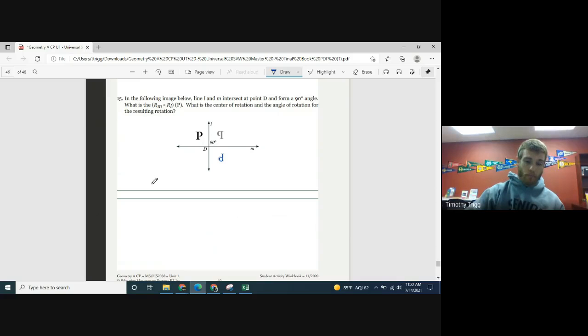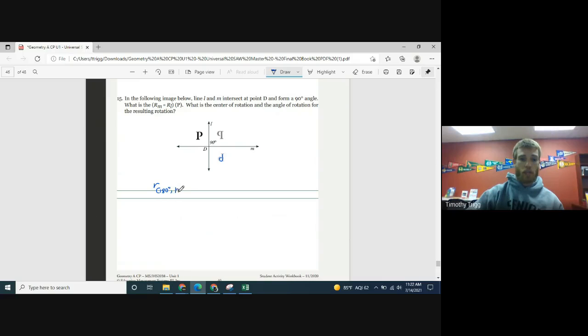So in this case, this reflection and reflection is the same as a rotation of double this angle, so that's 180 degrees, and the center of rotation is the intersection.